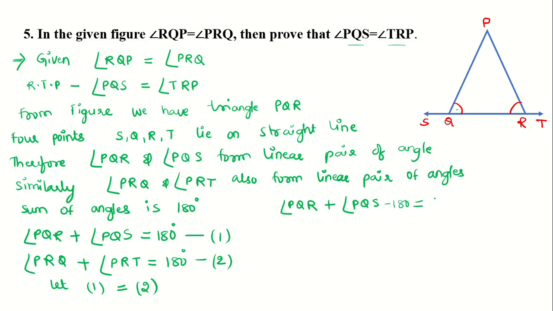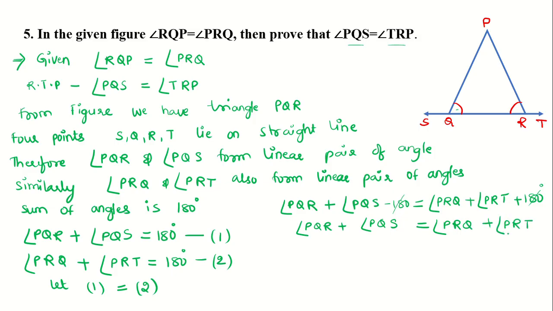Which equals the second equation, angle PRQ plus angle PRT plus 180 degrees. Now this minus 180 and plus 180 will get cancelled. You'll get angle PQR plus angle PQS equals angle PRQ plus angle PRT.